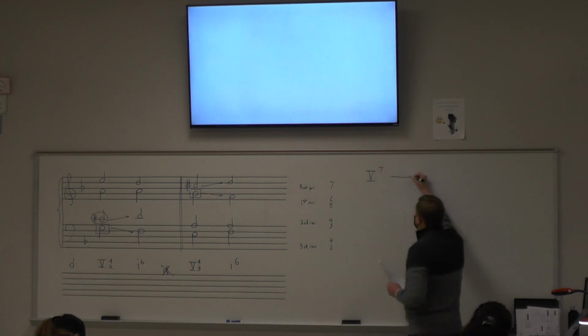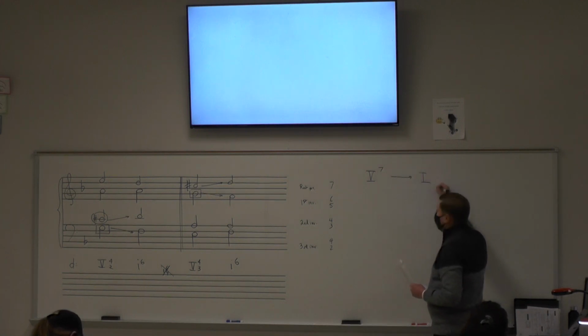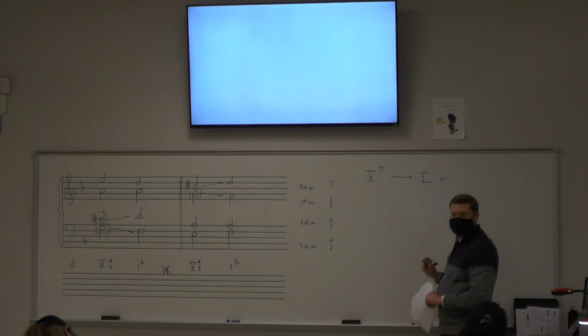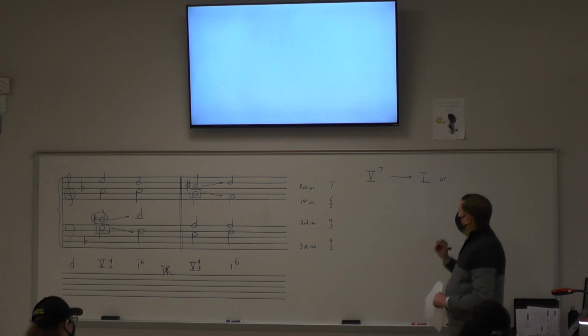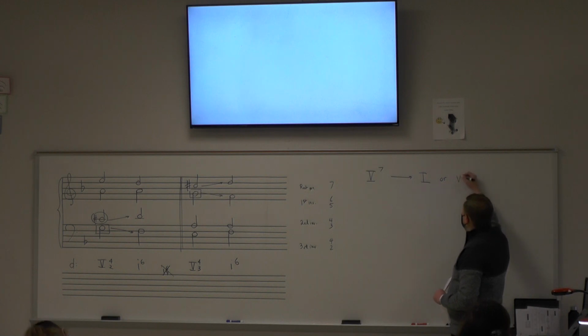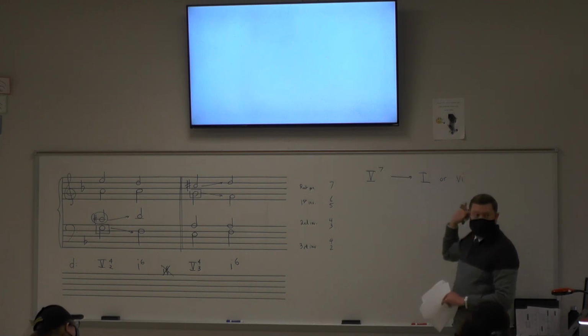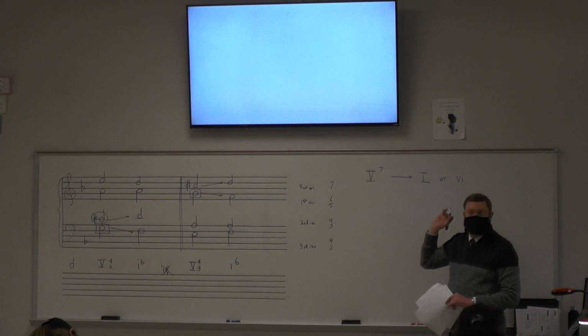Root position 5-7 goes to root position 1, or, that's not up there anymore. What did I do about 20 minutes ago? Where can 5-7 also go? The deceptive progression, right?